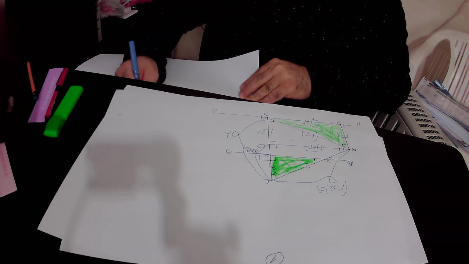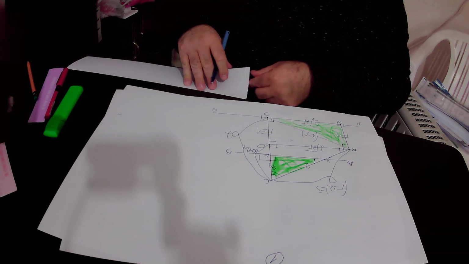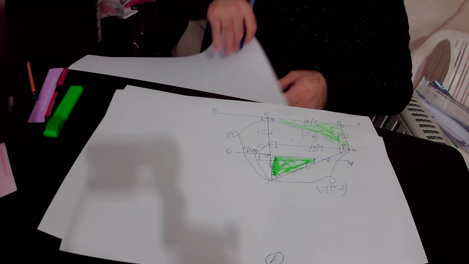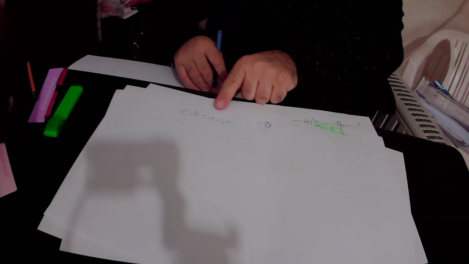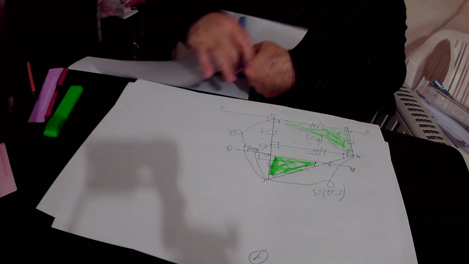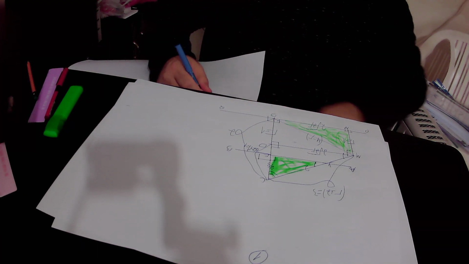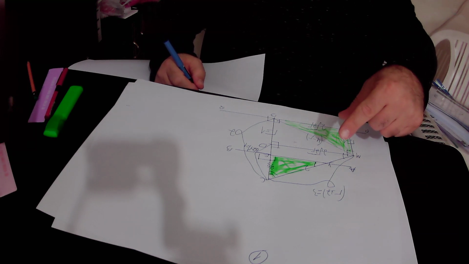So ED equals CD minus CE. So ED equals CD.